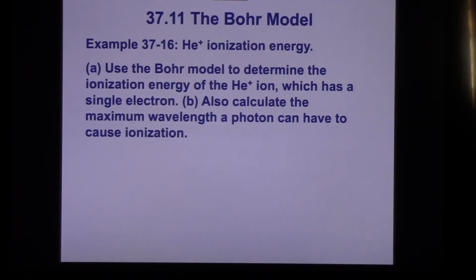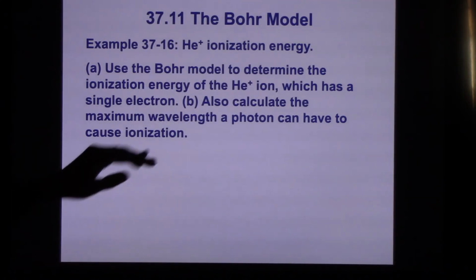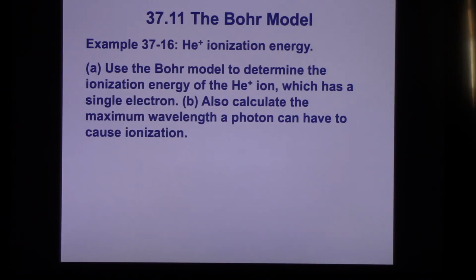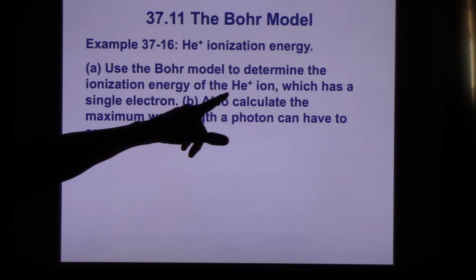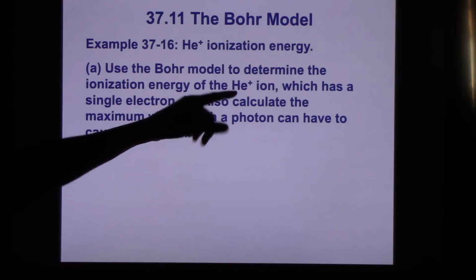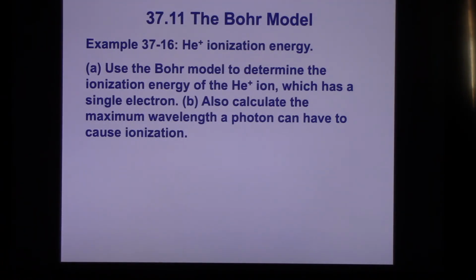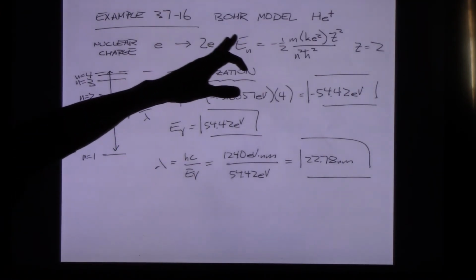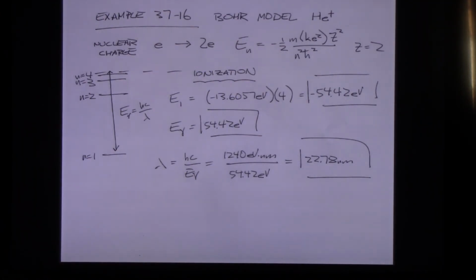Now, what would happen if instead of hydrogen, we were looking at helium? So the helium ionization energy. Now it's saying that we already start, this is a little tricky, with helium with 1 electron missing. How much energy is it going to take to remove the second electron? The reason they ask that is because the Bohr model will work as long as there's only 1 electron.